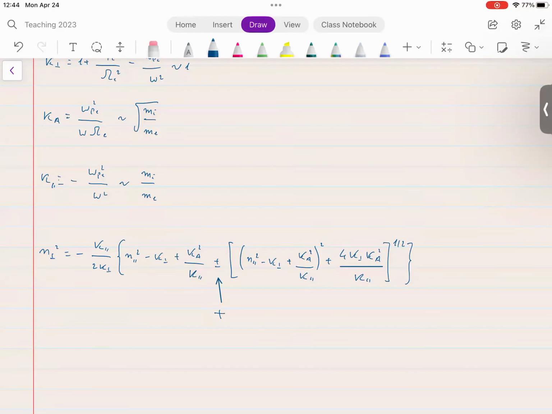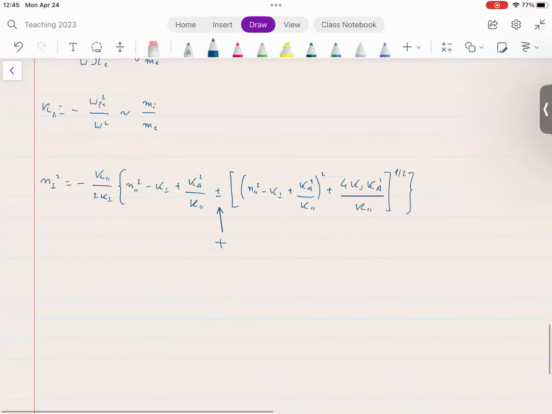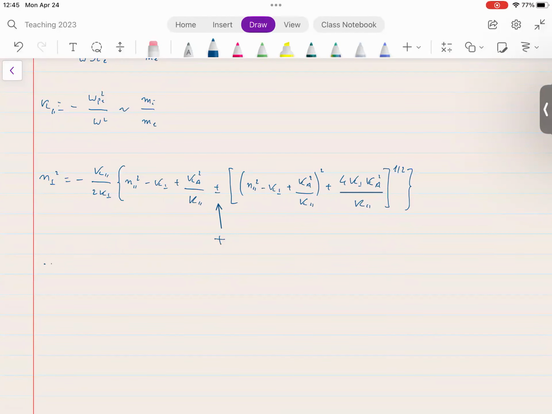Let me think various ways I could write this, but you work out the math, please do, and you obtain that omega square must be larger than omega lower hybrid square, which is a function of the position.